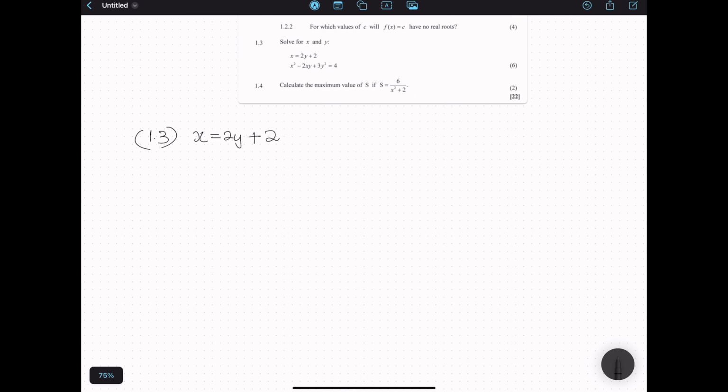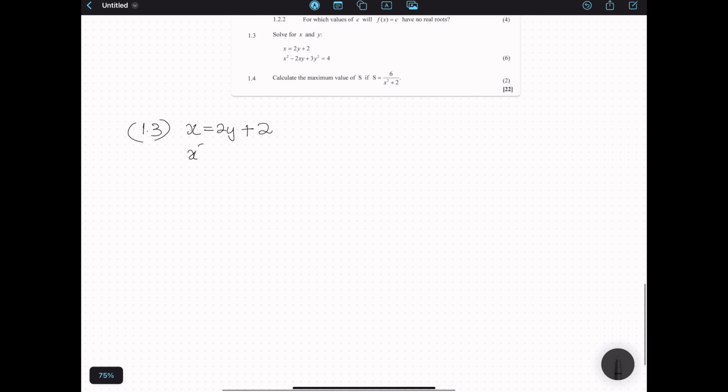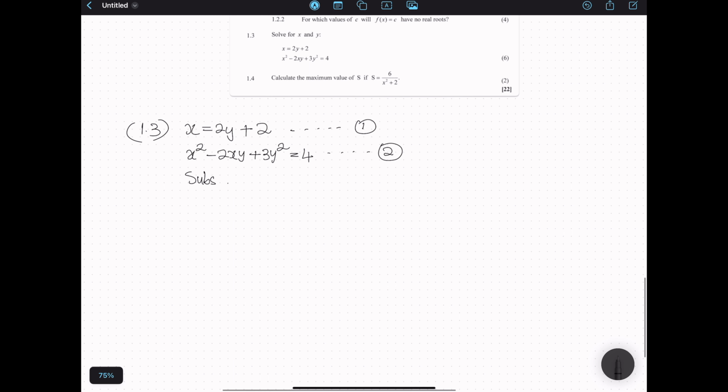Then we are given x squared minus 2xy plus 3y squared is equals to 4, right? So you can just say this is equation 1, this is equation 2. So for us to get this, you just have to substitute equation 1 into equation 2.